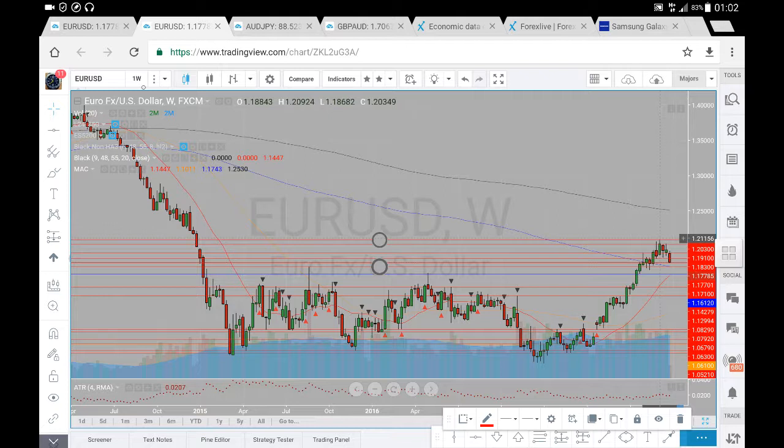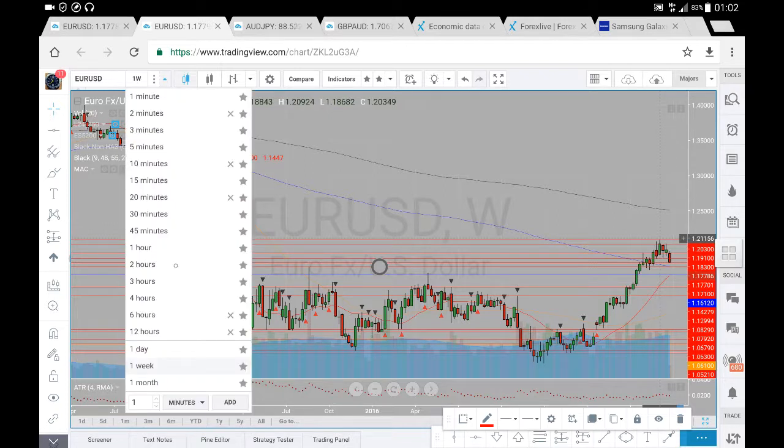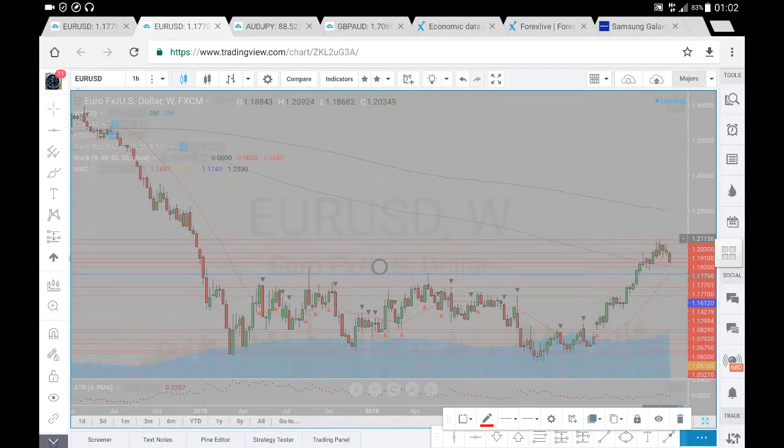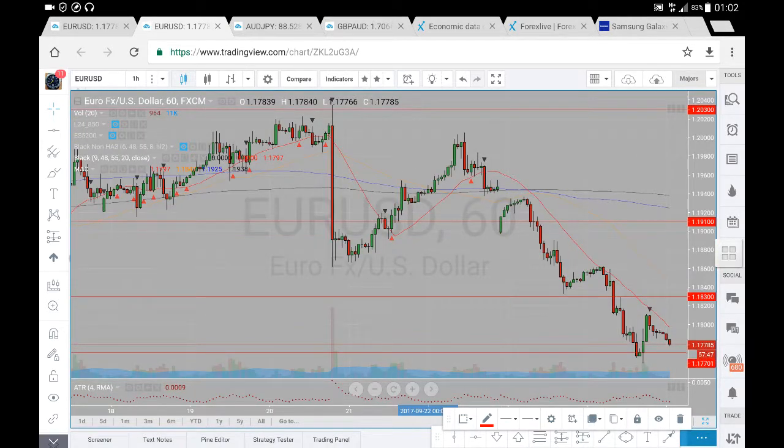And yeah, so at present, based on the weekly open, the monthly open, and the current price action, I am bearish Euro dollar and do expect further momentum to the downside.